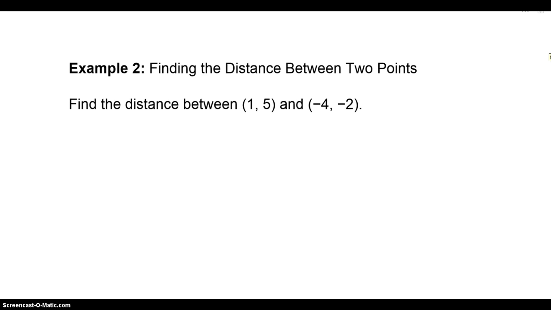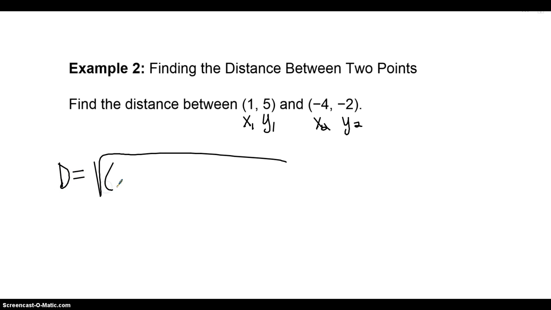So finding the distance, we are going to call this x1 and y1, and this x2 and y2. And the distance formula, you need to write it out every time, is the square root of x2 minus x1 squared plus y2 minus y1 squared. It kind of looks like the slope formula with the x2 and y2 and stuff like that.